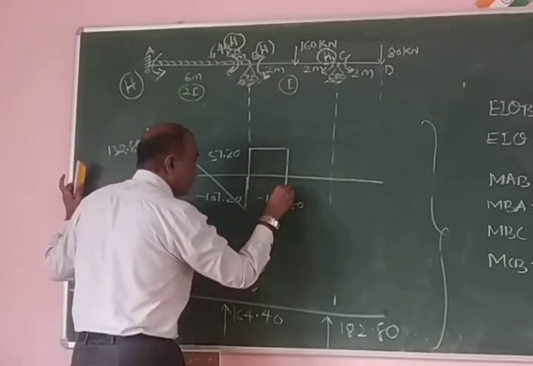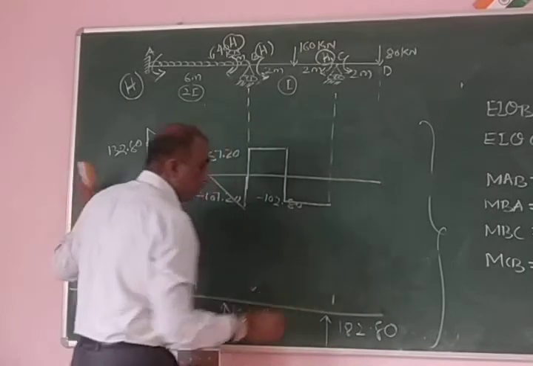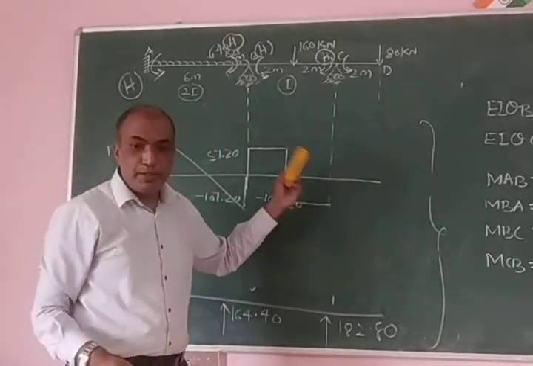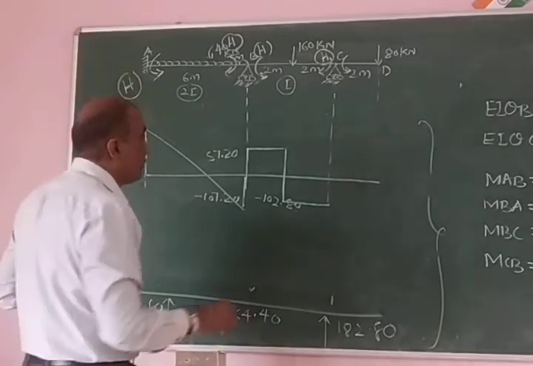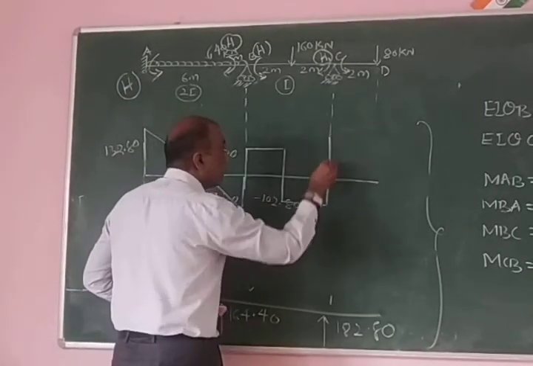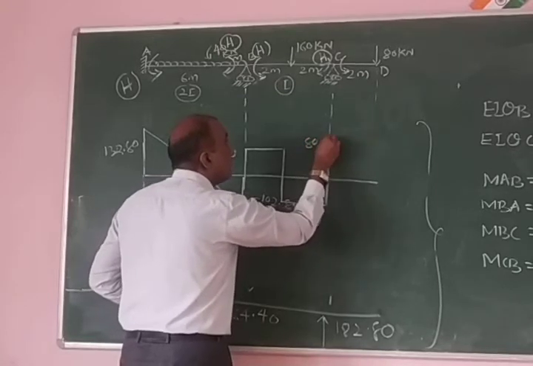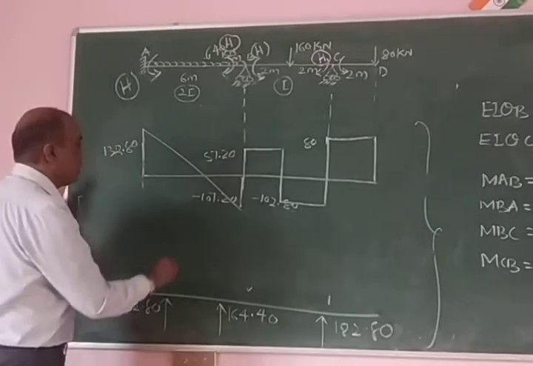Minus 102.8 remains constant again. Then plus 182.8. Minus 102.8 plus 182.8, it becomes 80. 80 remains constant. Minus 80, it becomes 0. So this is your SFD.